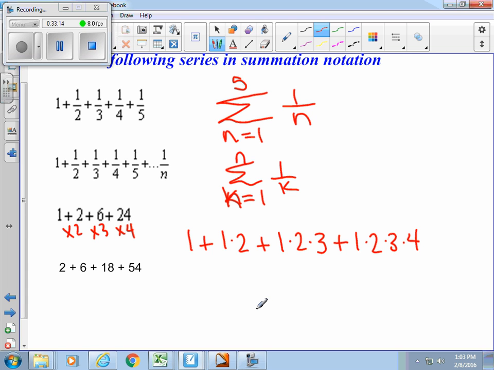If it were just geometric, if I were multiplying by the same thing every time, I could. Ah, factorial? 1 factorial, 2 factorial, 3 factorial, 4 factorial? Those would be the factorials.